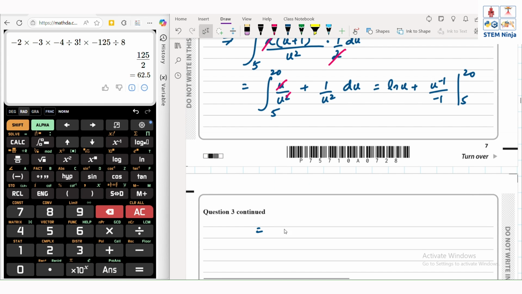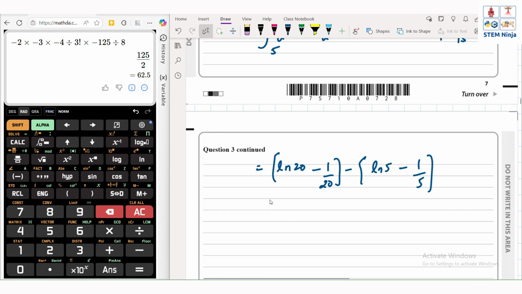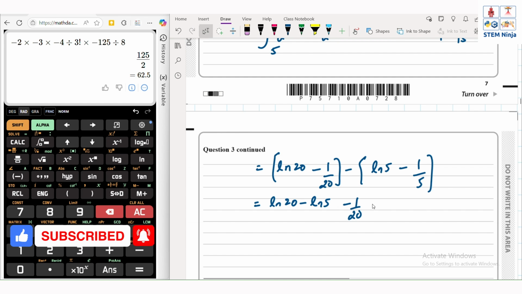Right, now let's simplify. So ln 20 minus 1 over 20 minus ln 5 minus 1 over 5. So this would become ln 20 minus ln 5 and minus 1 over 20 plus 1 over 5.